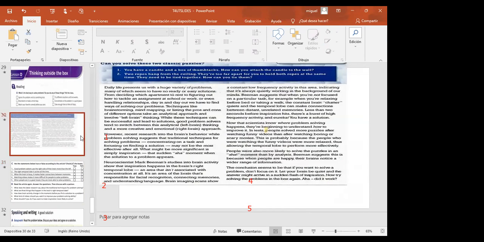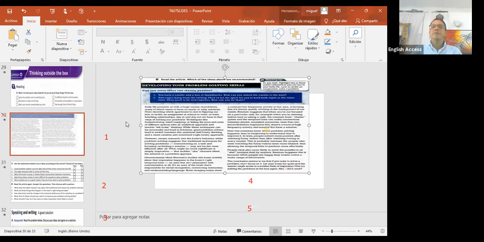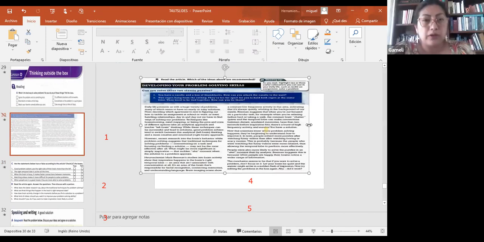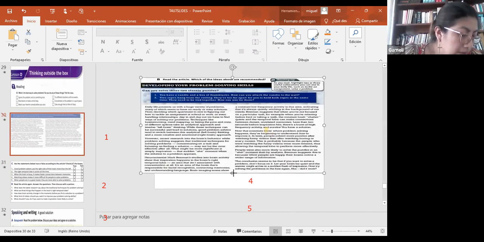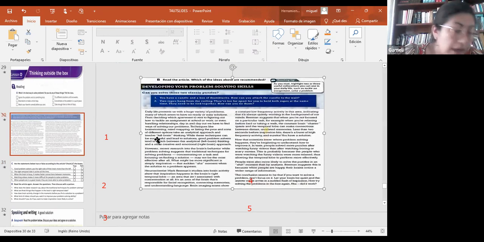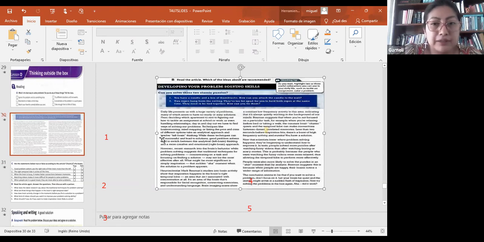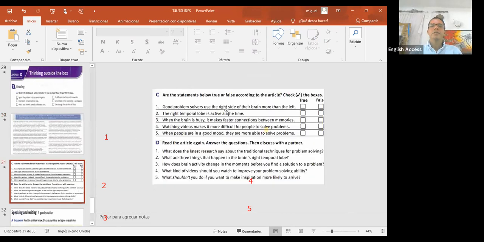Me, teacher. Check the article. I think it's okay, it's with the left. With the left. So the answer for this is true?